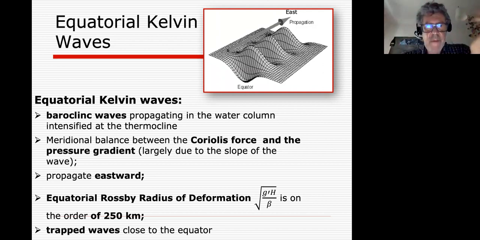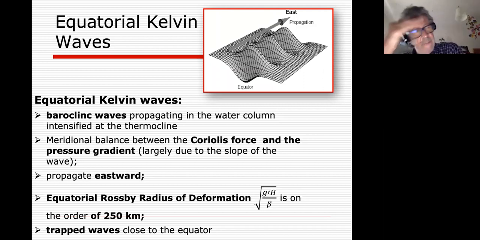You may remember the Kelvin waves need to have a coast, and the Coriolis force works to keep the pressure gradient due to the slope near the coast with a restoring force, which is the Coriolis. In this case, we don't have any coast.